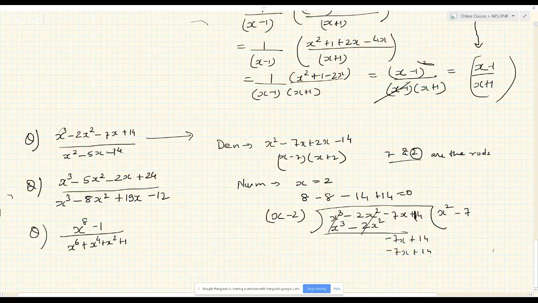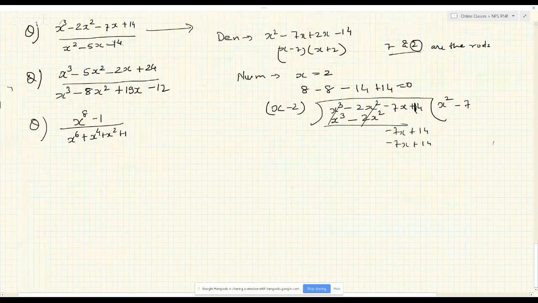Yeah, so what is the issue? So let's say x minus 2. If you multiply, should I get the top one? Doesn't look like it. Okay, never mind. So x squared minus 7. So let me see.